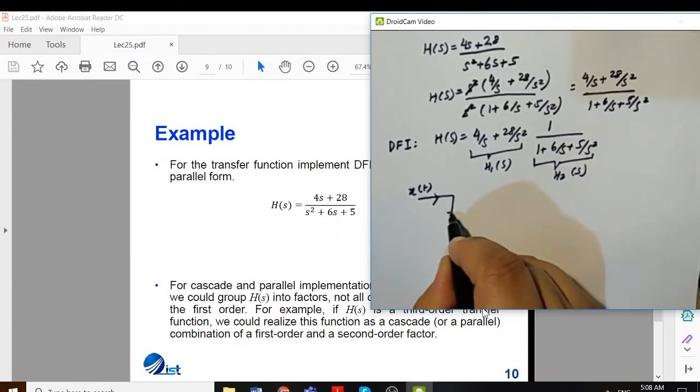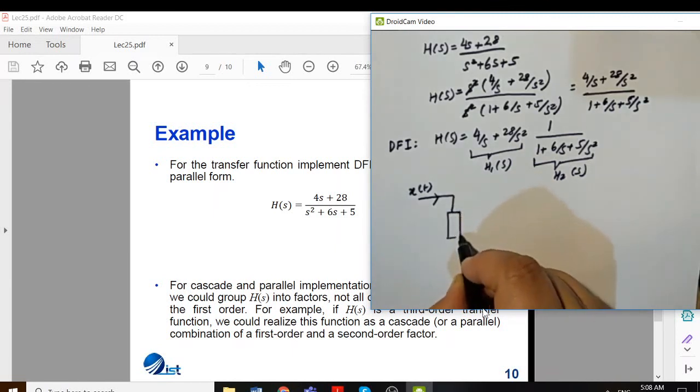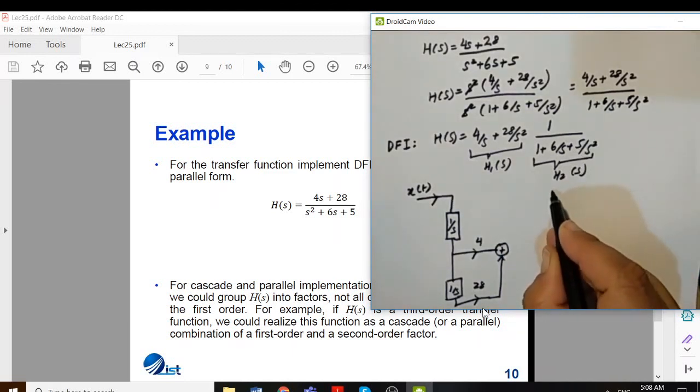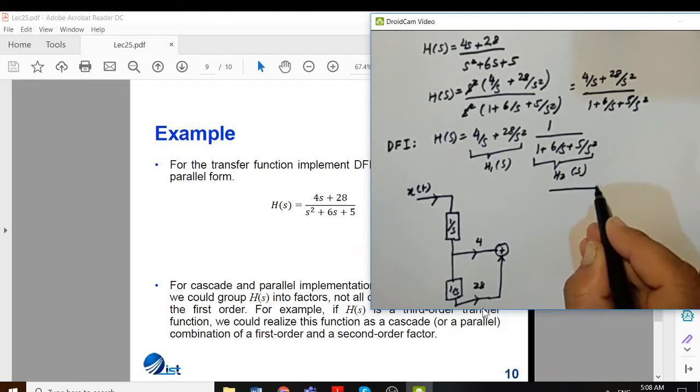The first term comes with an integrator, so this is 1/s, and this term is being multiplied by 4. Then the next term again comes with 1/s, and it is being multiplied by 28. Both of these terms get added. The output of the black box was y(t).